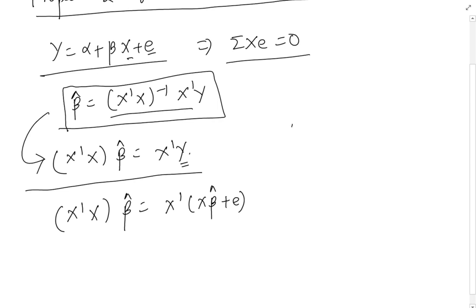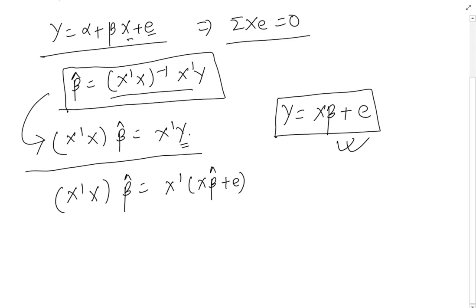So let's recall, y equals x beta plus e is the matrix form of the multiple linear regression or the linear regression model. So I will do the further calculations: x transpose x beta hat plus, let's open it, x transpose e.